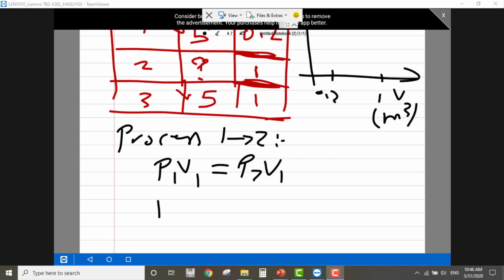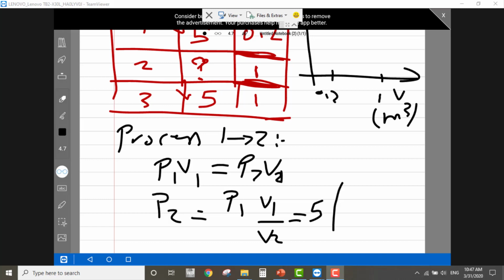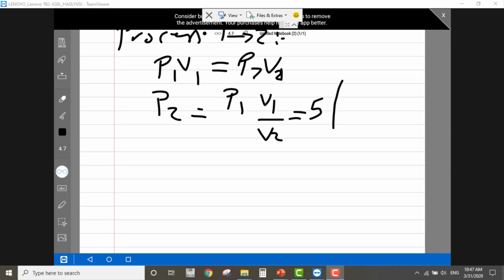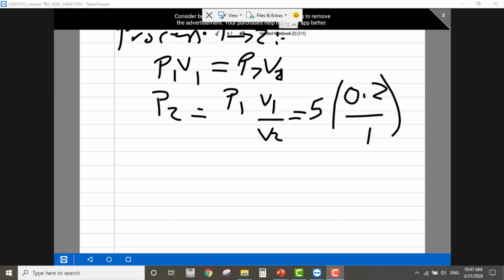So from here, P2 equals P1 V1 over V2, which is 5 bar times 0.2 over 1. No need to convert because at the end I'll convert everything. V1 equals 0.2 and V2 equals 1. So this is equal to 1 bar.